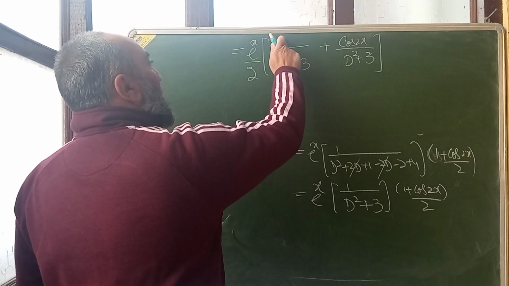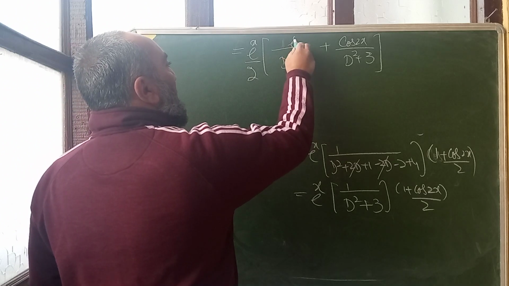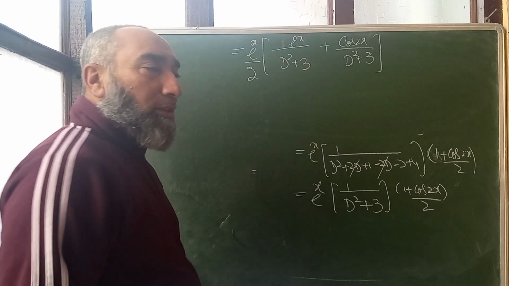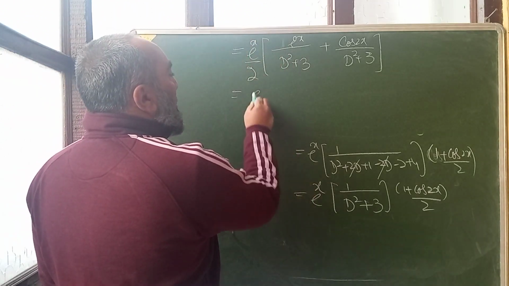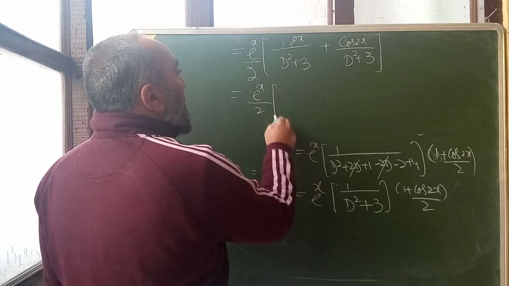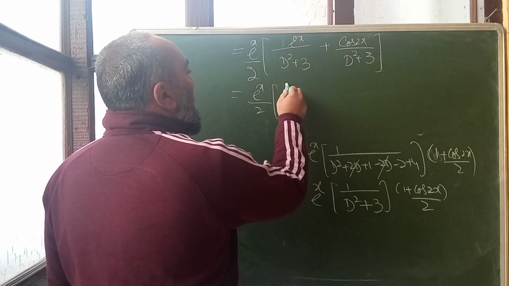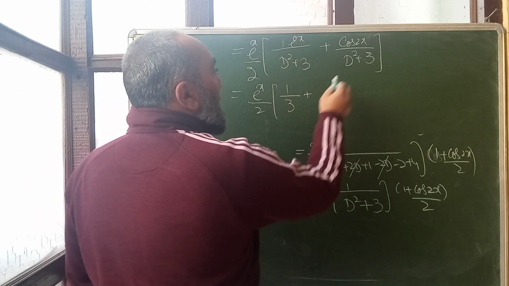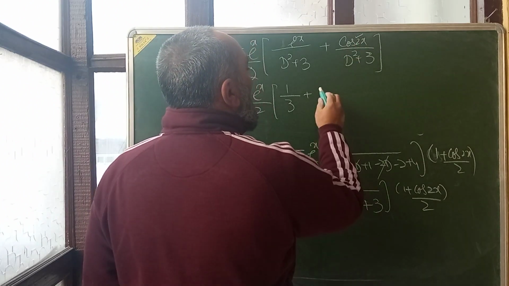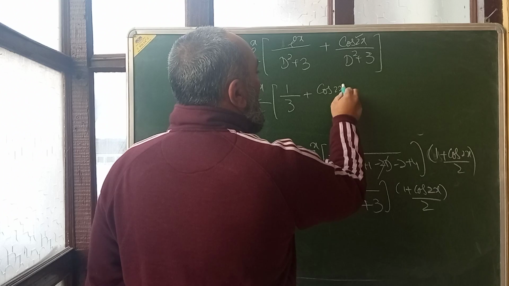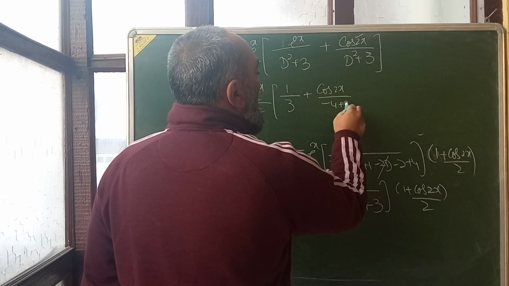Now, you can replace 1 by e to the power 0x, and when it is e to the power ax, you replace D by a. So e to the power x by 2, a is 0, so 1 upon 3. Then D squared becomes minus a squared, a is 2, so a squared is minus 4. So cos 2x upon minus 4 plus 3.